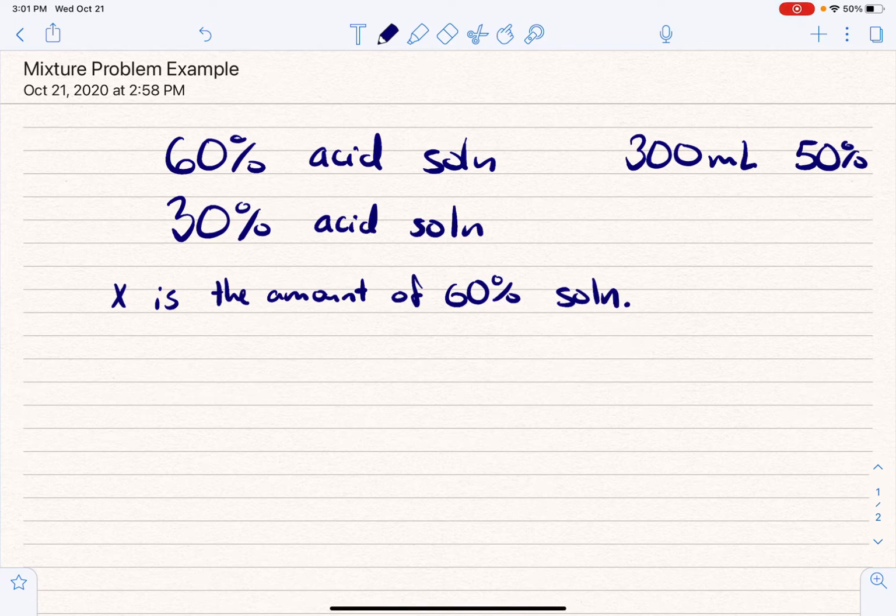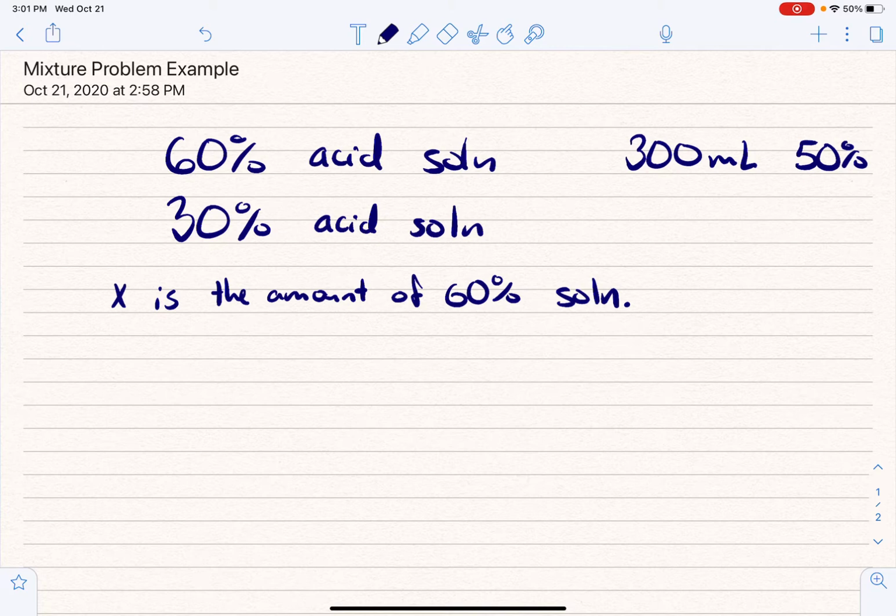And then we go, how much 30% are we using? Some people would be tempted to say y, or use another variable. But that's not what we want to do. We know how much 30% is going in because we know the two of them total 300. It's just like if there was $10 sitting on the desk and 3 of it was mine, then 7 of it is somebody else's.